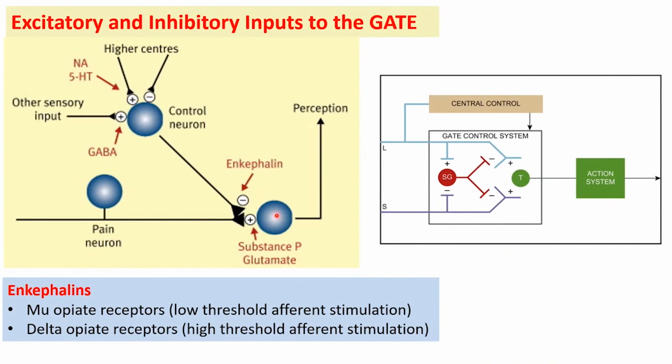Let us consider the excitatory and inhibitory inputs to the gate. The main gate is located here in the T cells, the transmitter cells or projecting neuron. The pain fibers, the A delta and C fibers, they excite these projecting neurons and the pain is perceived.